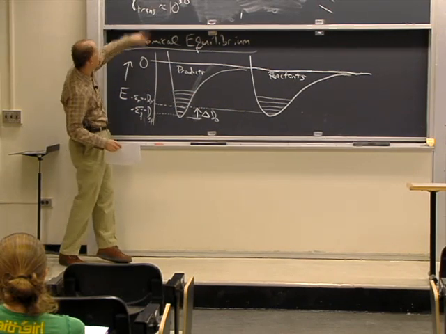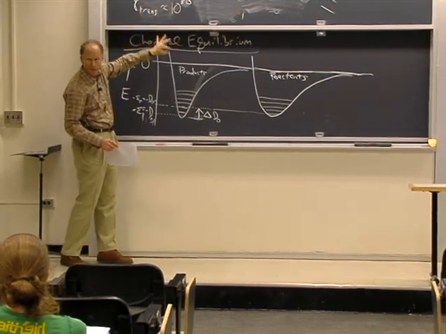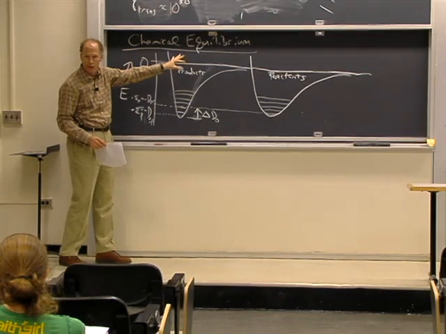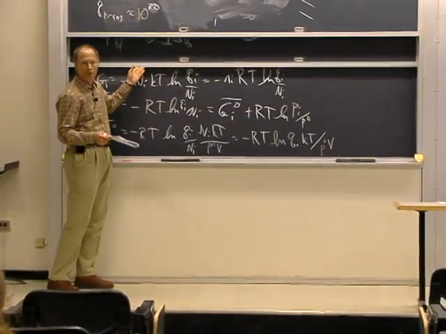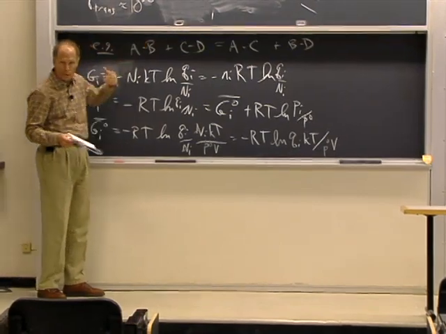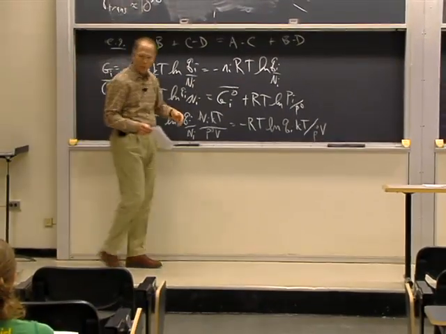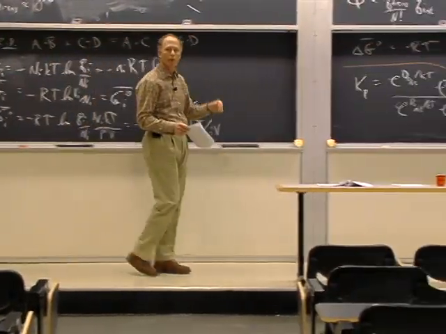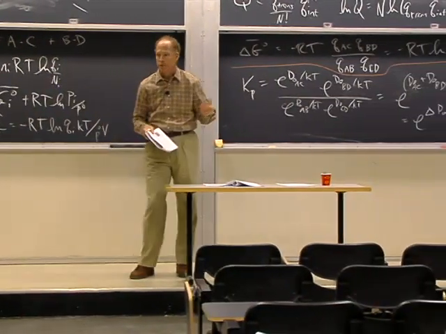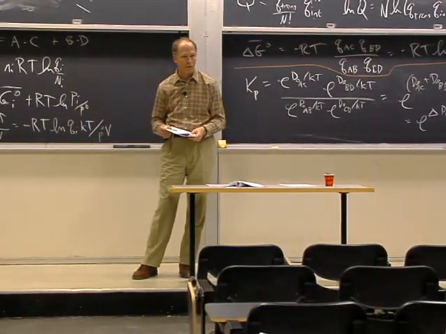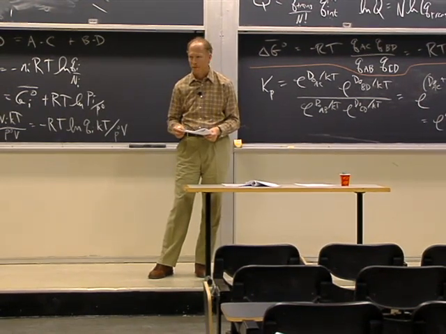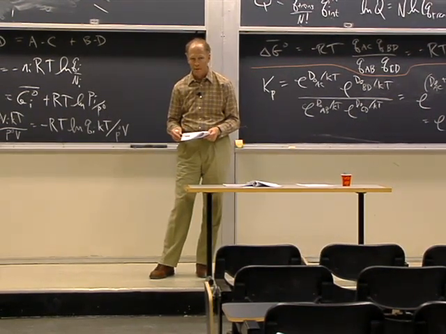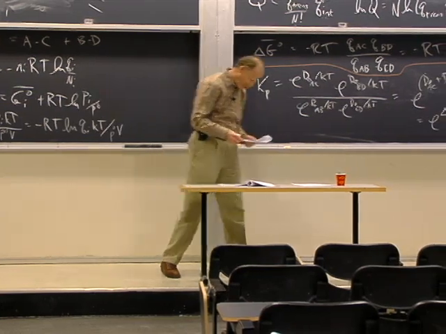So what it means is we can calculate equilibrium constants for ordinary chemical reactions just from first principles, knowing the energy levels of the available states of the molecules. Okay? Any questions? Okay.